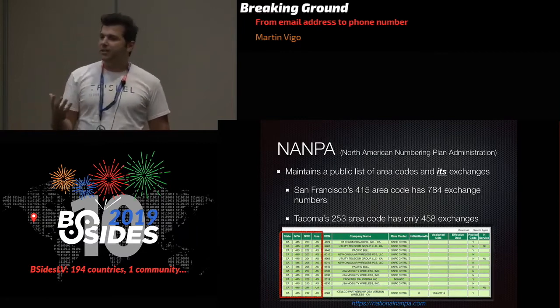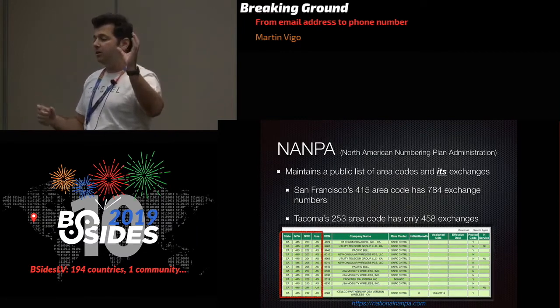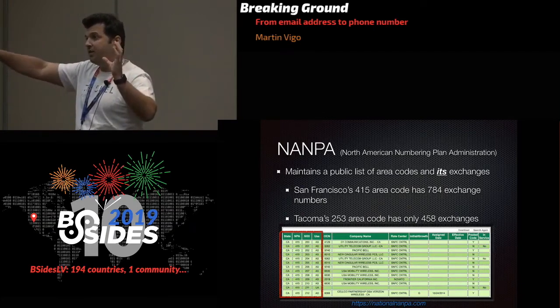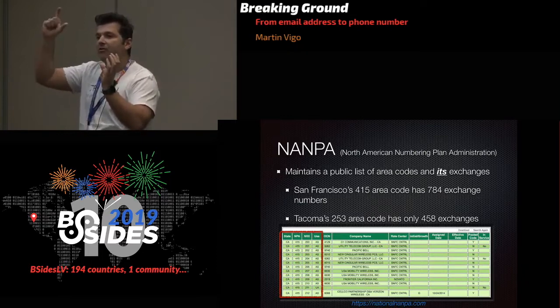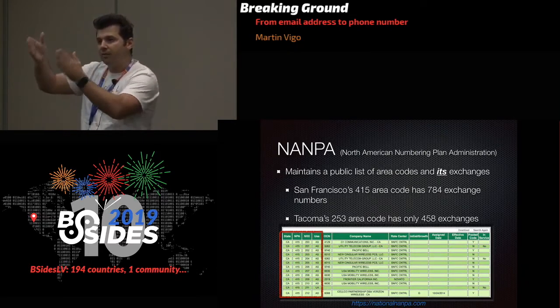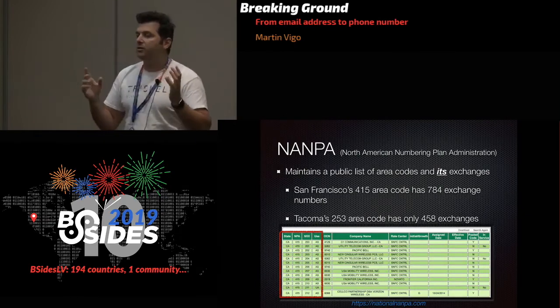The most interesting stuff is they have a public database of the area codes and their exchanges. What does it mean? That an area code does not necessarily have all the possible 1,000 exchanges assigned. Remember, we are missing only 3 digits, that's 1,000 possible numbers. It's actually not the case.